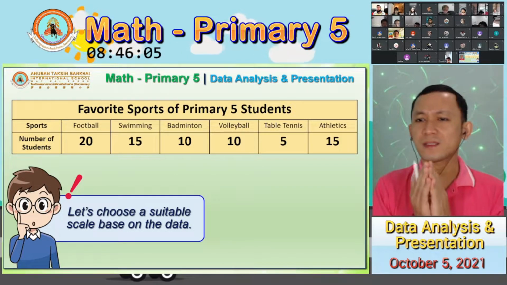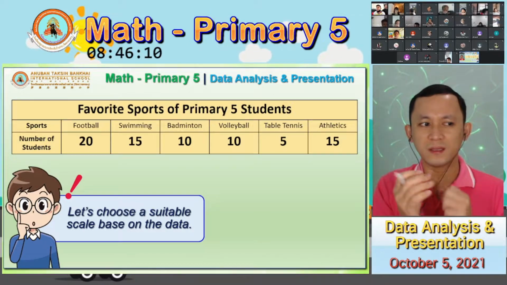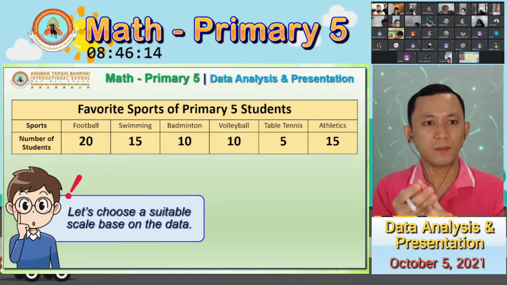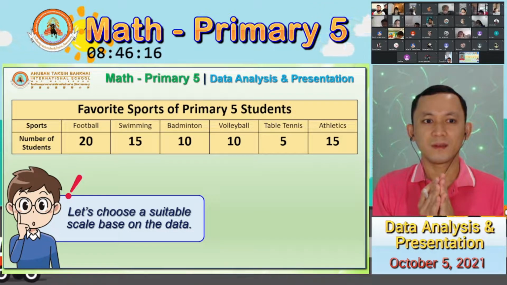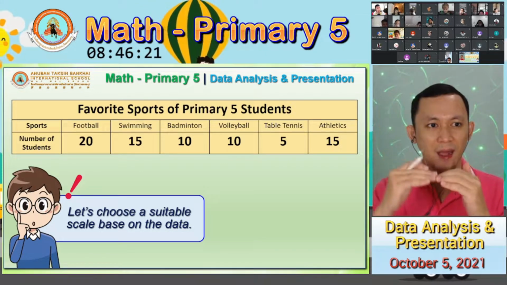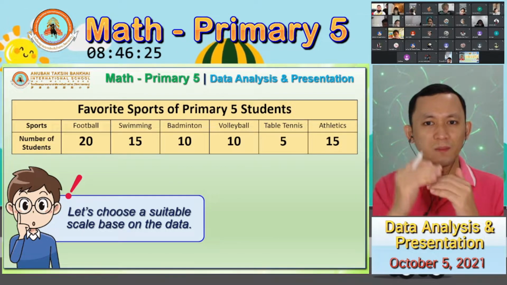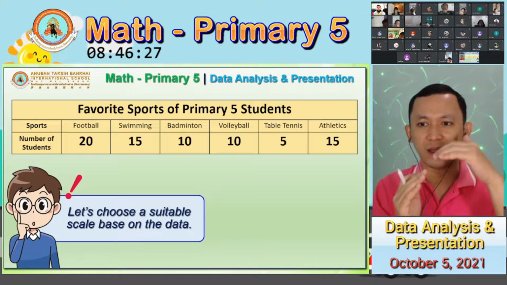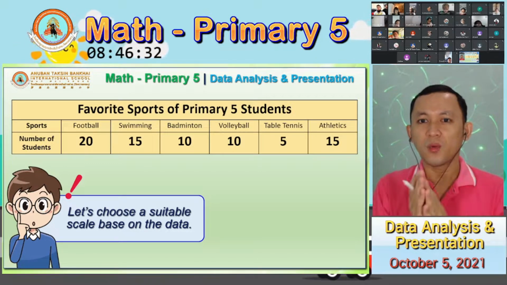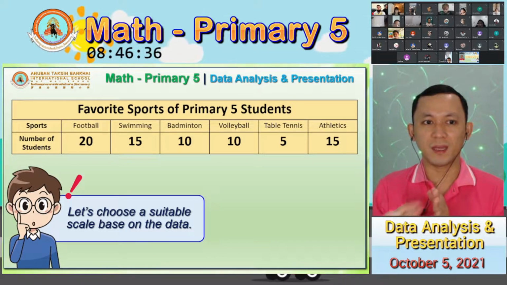Now teacher, let's try to check first the numbers. We have 5, 10, 15, 20. So if we make our scale, what number do you think is the best interval we can use for our scale?